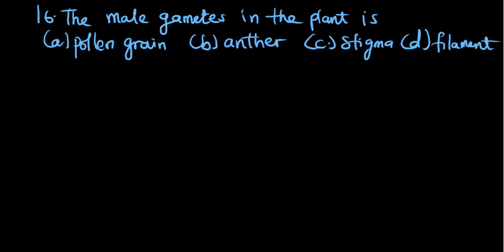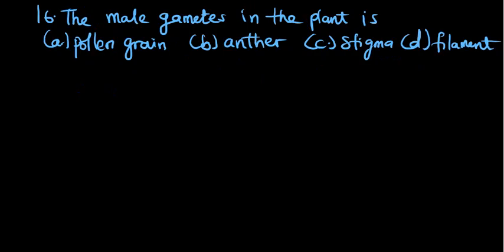The male gamete in the plant is. The answer here is pollen grain. The male gamete is called the pollen grain, while the female gamete is the ovule.